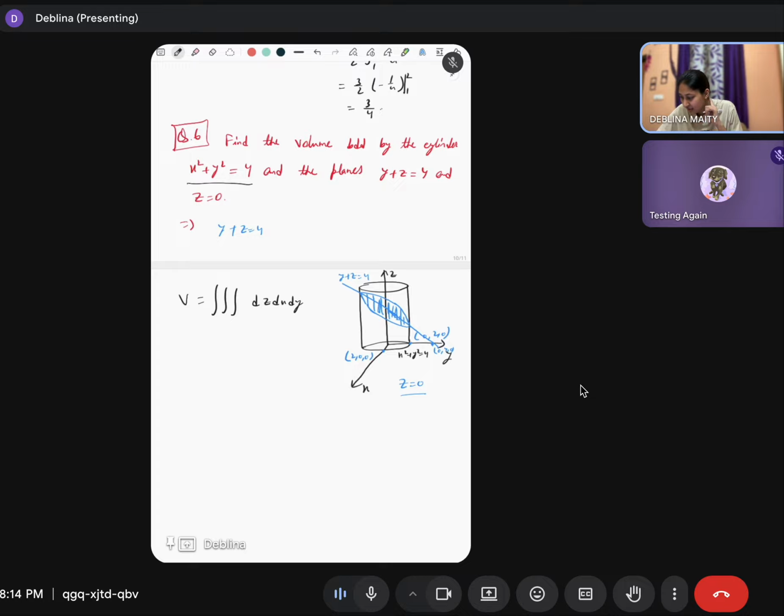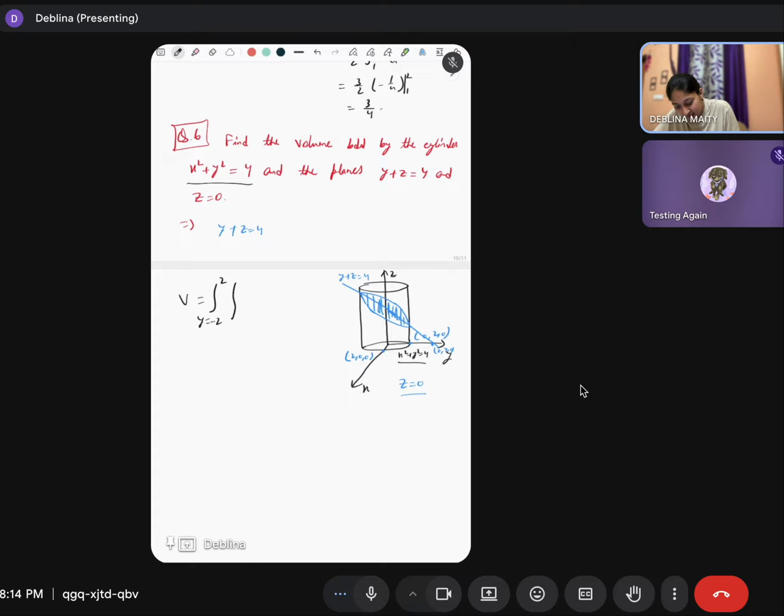Now for the limits, x and y belong to this circle, x square plus y square equals 4. So y runs from -2 to 2.